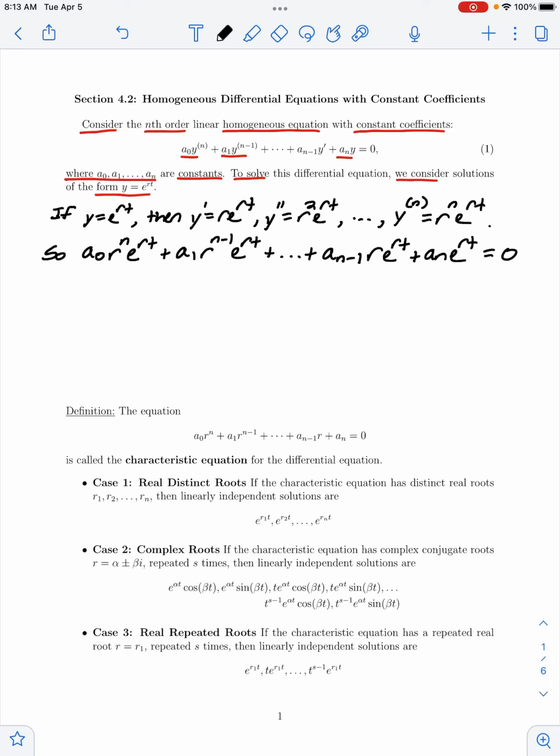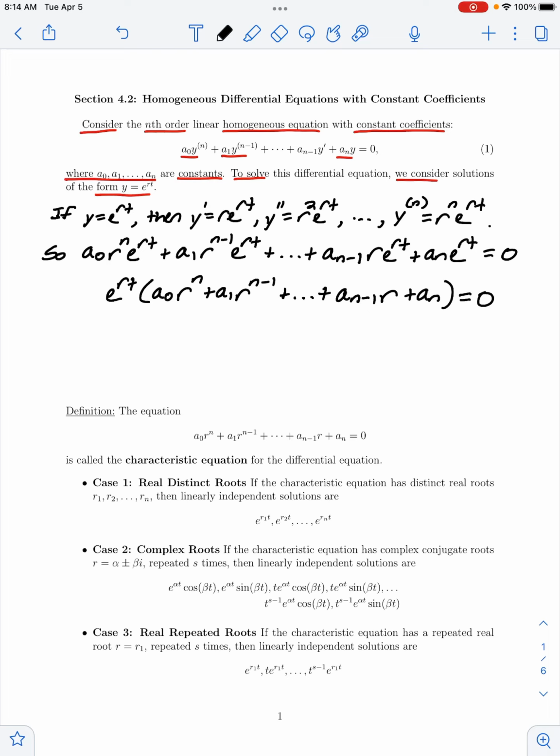So we see that from each of these terms we could factor out the exponential e to the rt, leaving us with a naught times r to the nth plus a1 r to the n minus 1, and so on, up through a n minus 1 times r plus a n. And this still needs to equal 0.